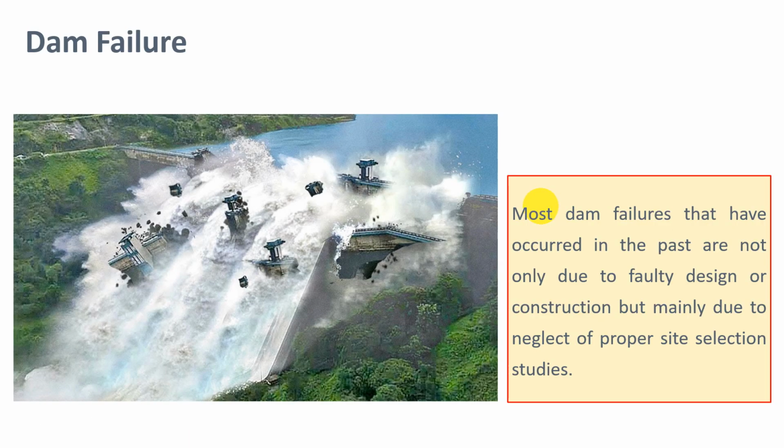Dam failures or dam breaks that have occurred in the past are not only due to faulty design or construction, but mainly due to neglect of proper site selection studies. So be careful about this.